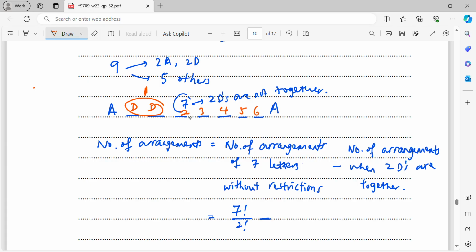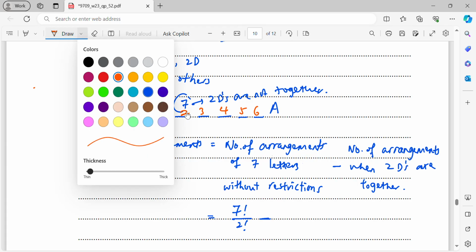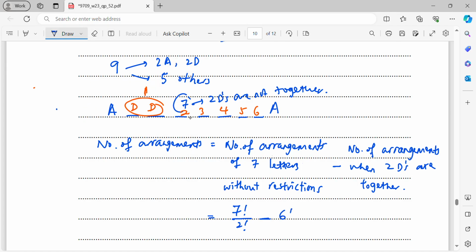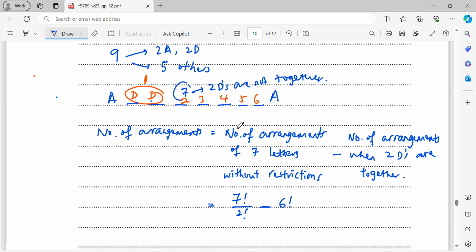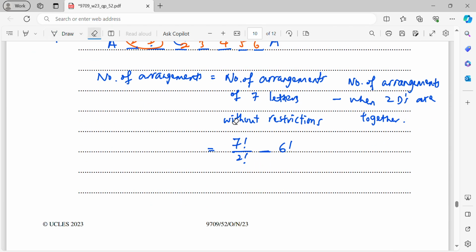Now it becomes arranging 6 letters, so it will be minus 6 factorial. Since these 2 D's are the same, no need to divide by 2 factorial because we already grouped them in one group. Therefore, you will be getting 1,800.